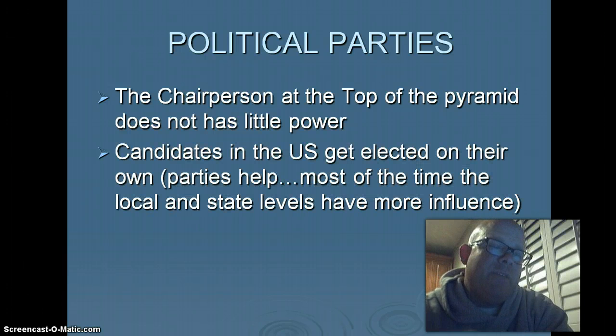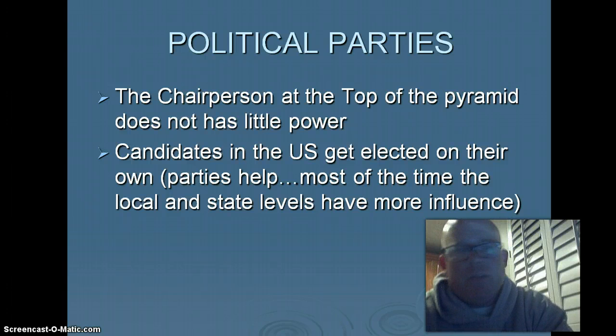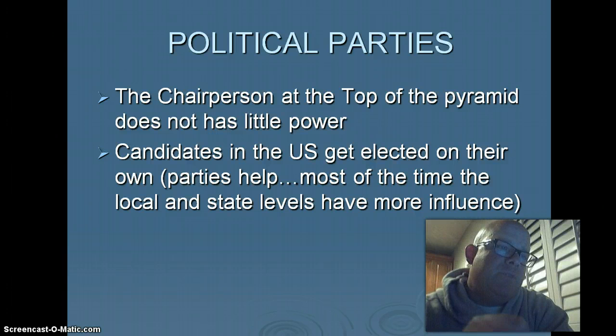Candidates in the United States really get elected on their own. They don't get elected by party, again, because we have the system that we have, the winner-take-all system, where candidates are running on their own merits as well as belonging to a particular party. You see parties helping, but most of the time the local and state levels are going to have more influence on those elections.